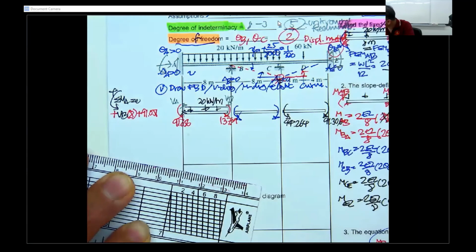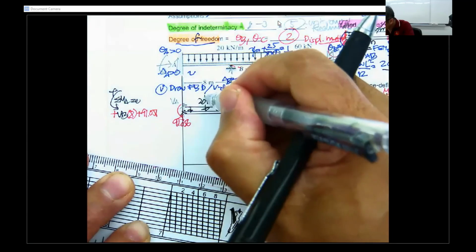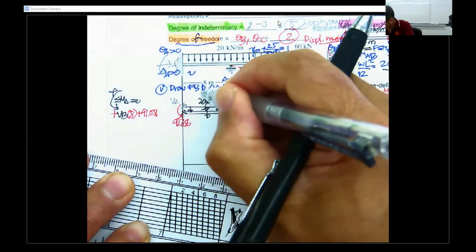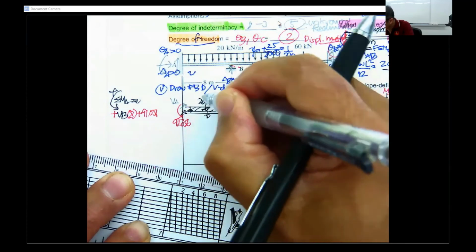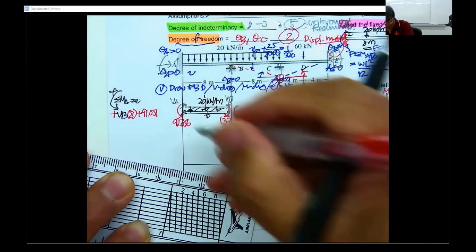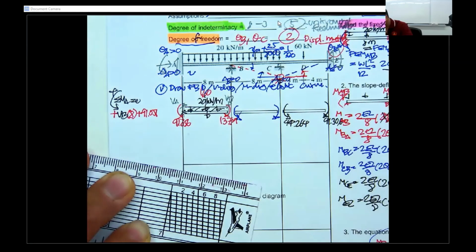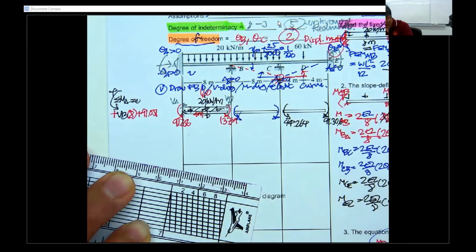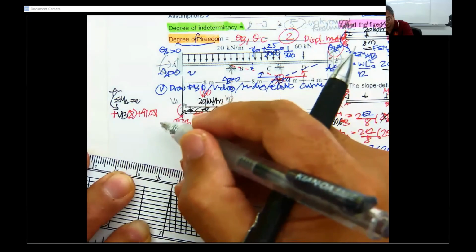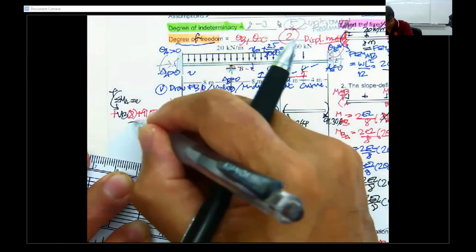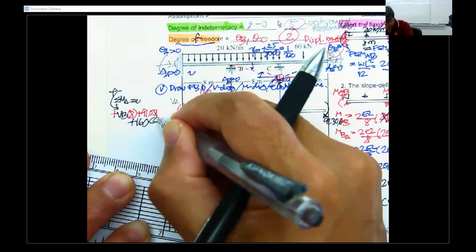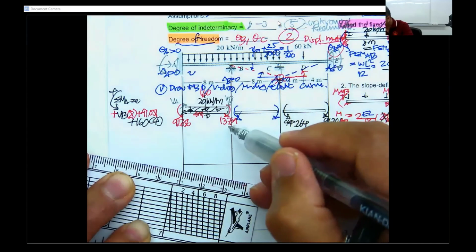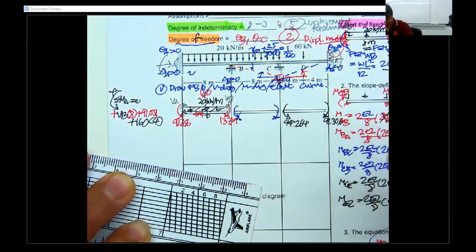And then you have this one. This one is the total, 20 times 8, that is going to be 160. And this 160 is going to be times 4 meters here. And then it's not plus, right?